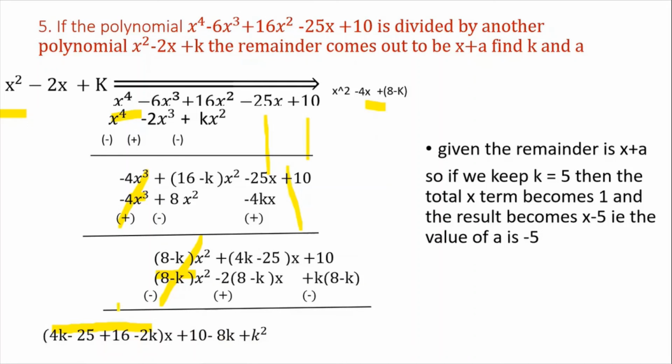If you consider k is equal to 5 in this equation, then we are getting x minus 5. But in the question they have given that the remainder comes as x plus a. So equating to x plus a, we are getting a is equal to minus 5.